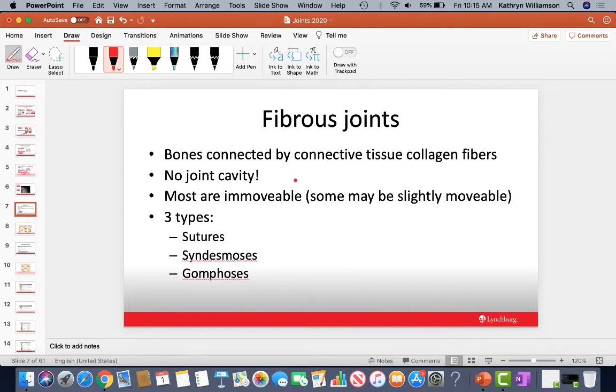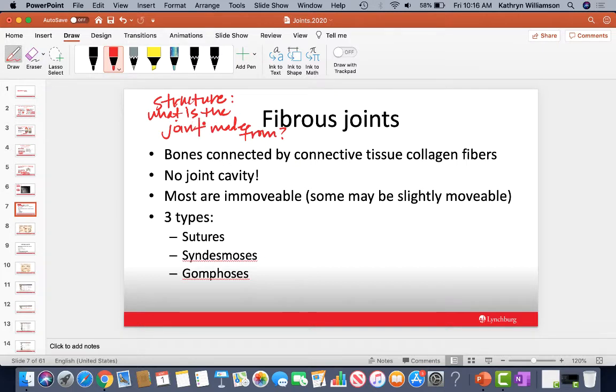And then we can look at our structural classification. This is classification based on structure, which is basically what the joint is made from. What type of material?